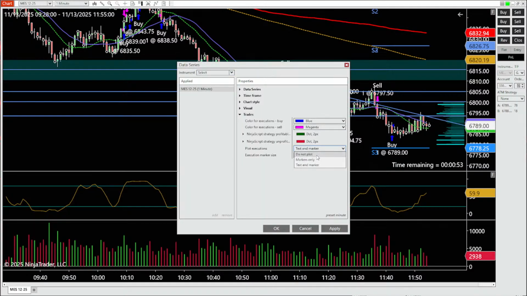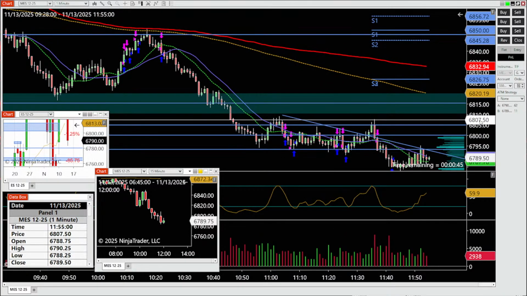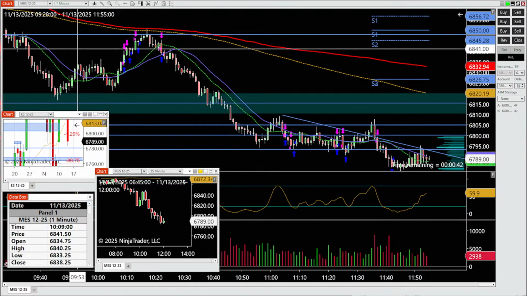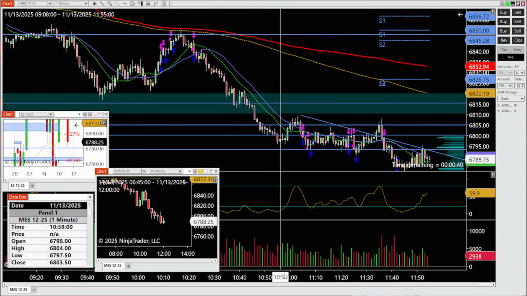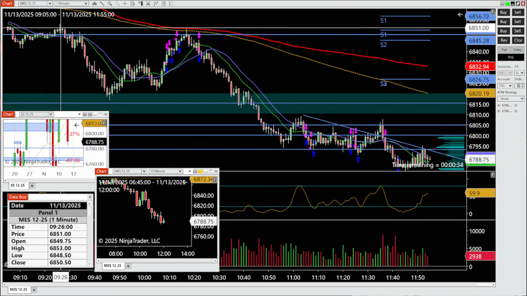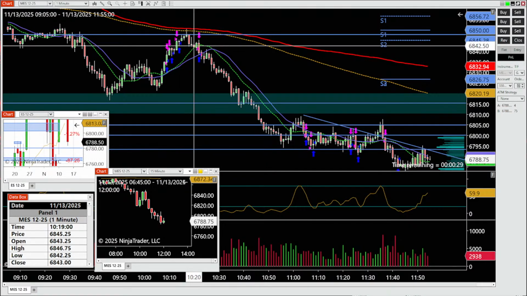Let's see if I just take it back to just plotting the arrows of where I made my trades. Up here, trading up into these resistance levels was my first trades. Then this resistance level I was looking at, which also was up here with VWAP.